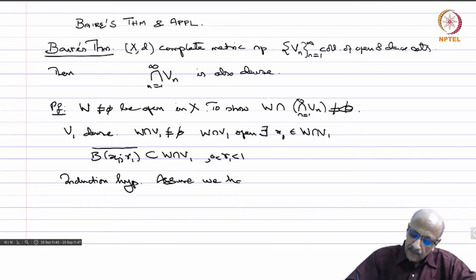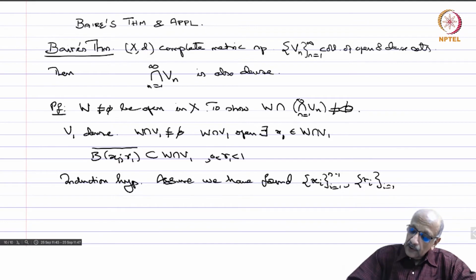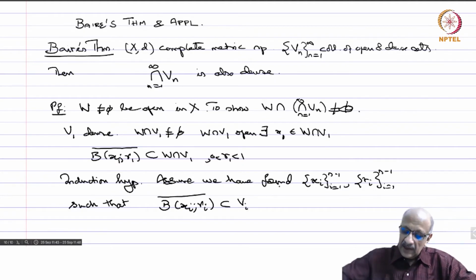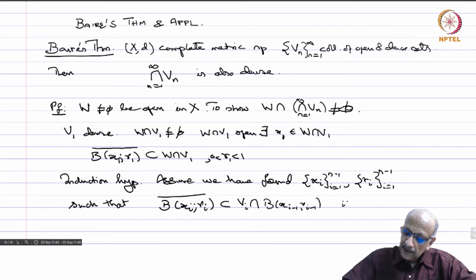Assume we have found x_i, i equals 1 to n minus 1, and r_i, i equals 1 to n minus 1, such that the closure of B(x_i, r_i) is contained in V_i intersection B(x_{i-1}, r_{i-1}) for i greater than or equal to 1.